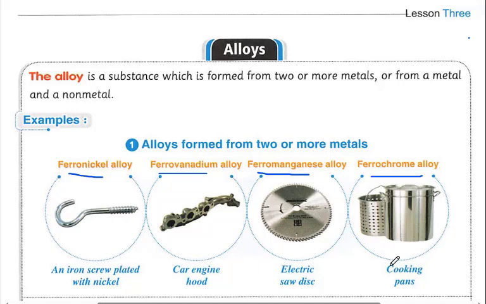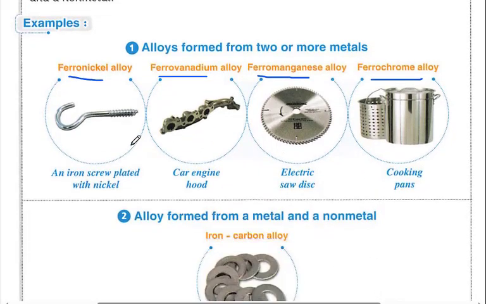The main component of this alloy may be not less than 90%, and the other components, whether metals or non-metals, do not exceed about 10% all together. So this is just examples of metal with metal.